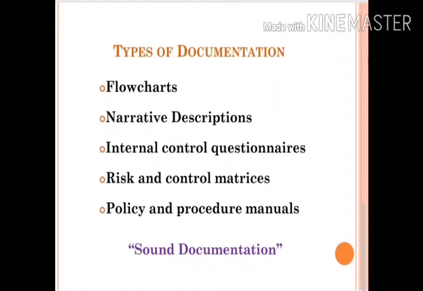These are all the forms or types of documentation, but the IIA, that is the Institute of Internal Auditors, has not mentioned that you have to go for any particular form of documentation. So you can use any one form of documentation for an easy explanation of all those documents in a brief structure. So the structured internal control system can be explained or supplemented through these types of documents.